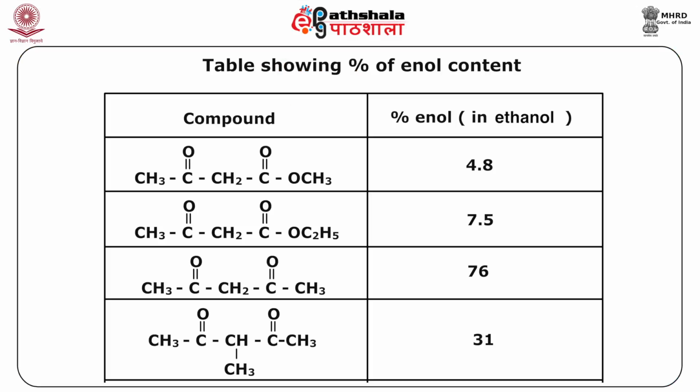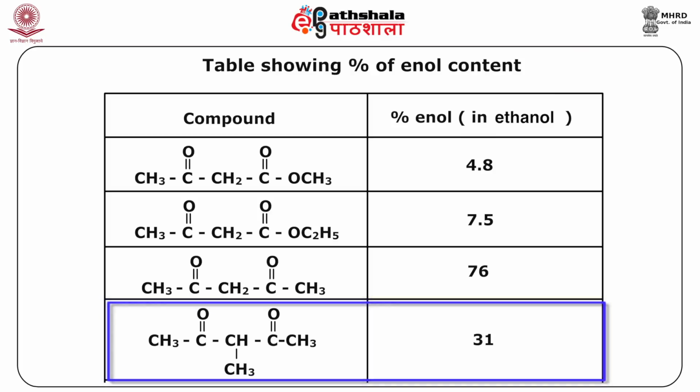Shown here is the table which shows the percentage of enol content, and you can clearly see the different compounds listed against the percentage enol content in them. First you have CH3CO, CH2, COO, CH3 where the percentage enol content is 4.8. Similarly, the next one, ethyl acetoacetate, has 7.5. CH3CO, CH2, CO, CH3, a dicarbonyl, has 76.